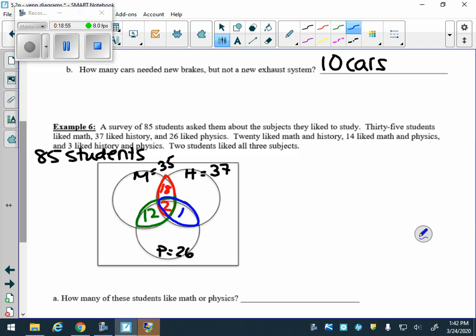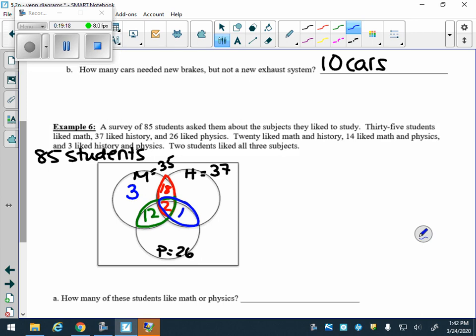Now, we can add these together. So for math, it has to equal 35. Well, we already have 18 plus 2, which is 20, plus 12, which is 32. Well, therefore, only 3 liked math. We do the same thing for history and physics.